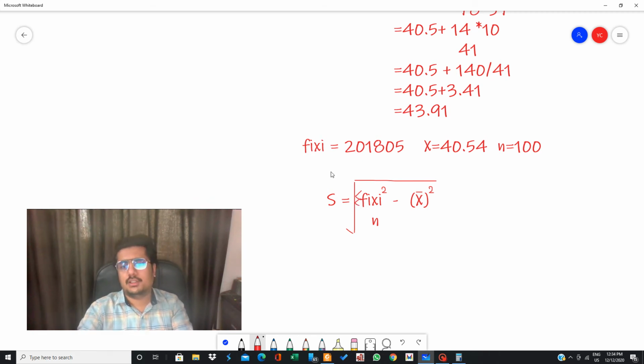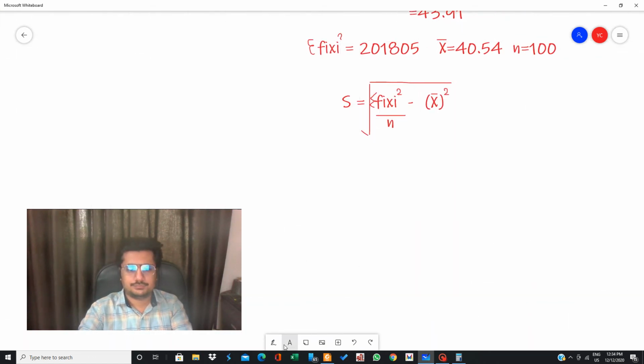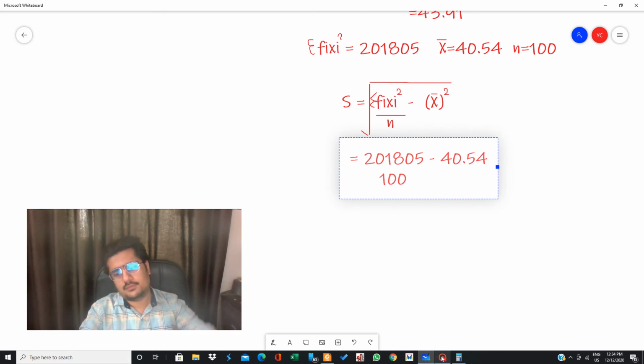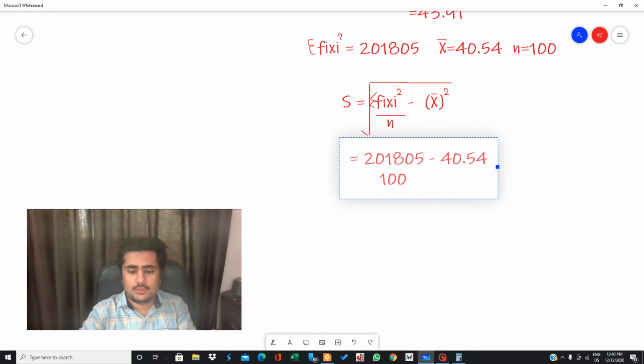Now solving this, sigma fx square upon n minus 40.54 square.